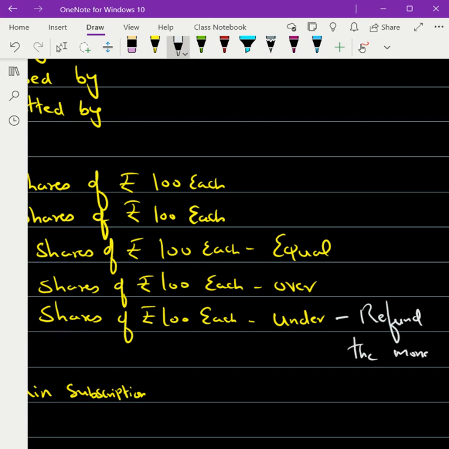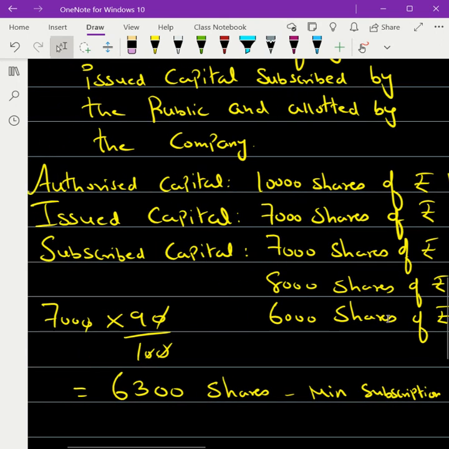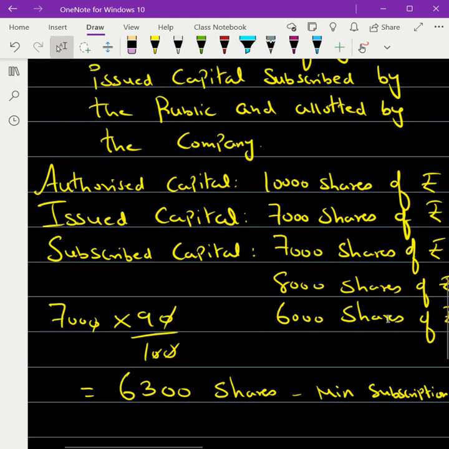You can't go further. That's why we always say, don't proceed further unless you do that first checklist. If you're not doing the initial checklist of 90% subscription, then the entire problem will go wrong. Always calculate the 90% minimum subscription and then proceed further.